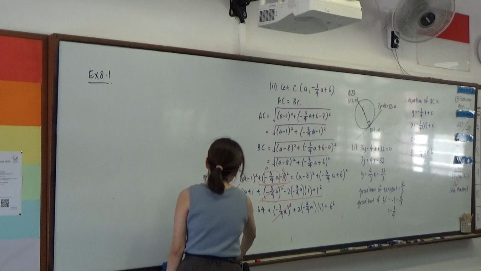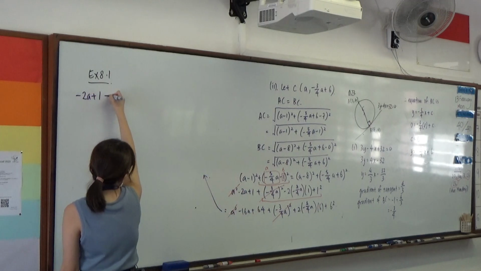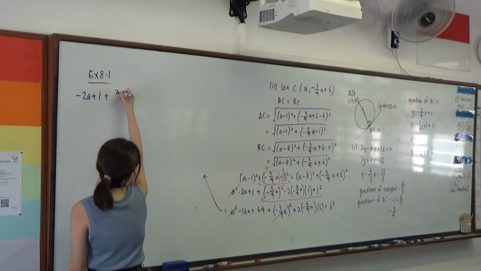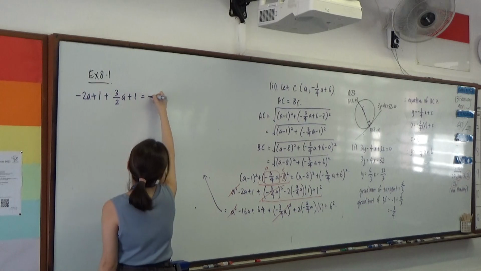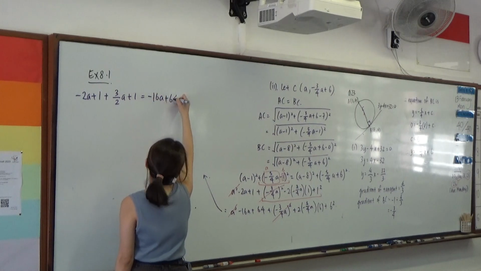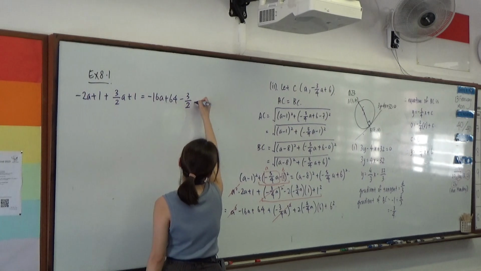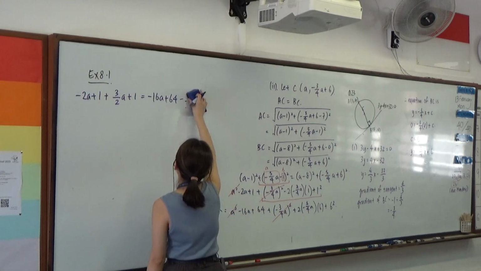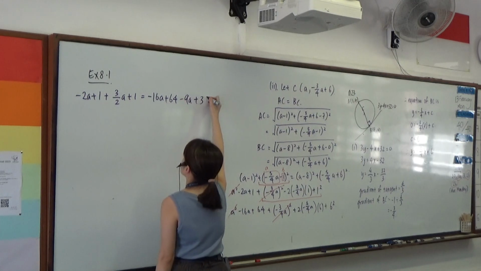So essentially I'm looking at having negative 2A plus 1 plus 3 over 2A plus 1 on the left hand side, minus away 3 over 2, minus 9A plus 36.